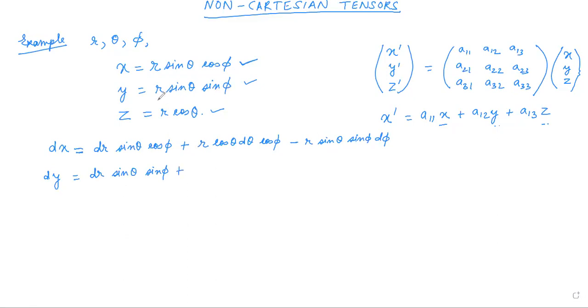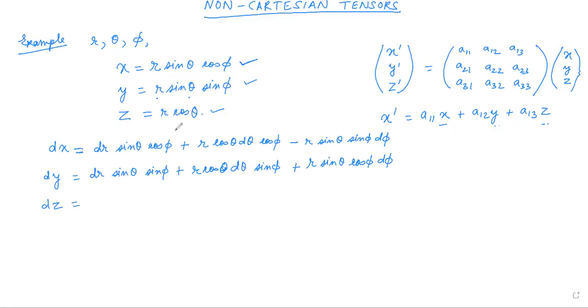Next, we keep r and phi constant and take the differential of sine theta, so it would be r cos theta sine phi d theta, plus, then we keep r and theta constant and take the differential of phi. This would be r sine theta cos phi d phi. So this is dy, and what is dz?